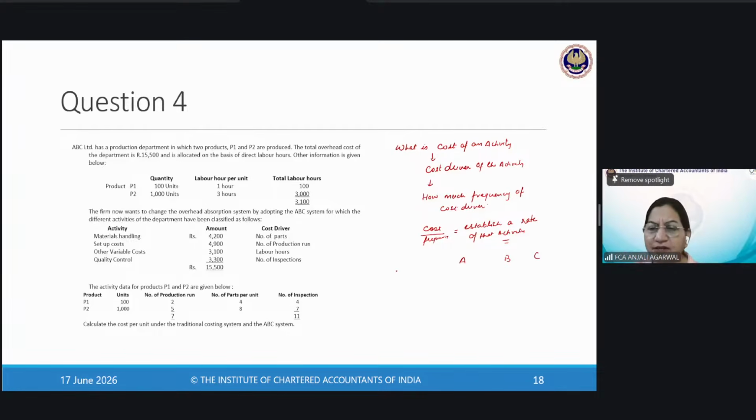For example, if I take the example of machine setup. Now, whenever you are doing a production run, you set up the machine. So this is the activity, and the total cost in setting up the machine comes out to be, let's say, 20,000 in a month.